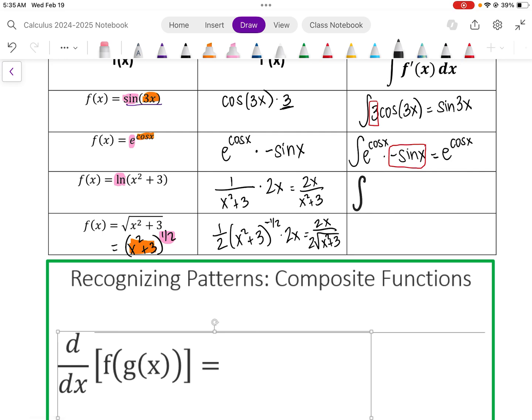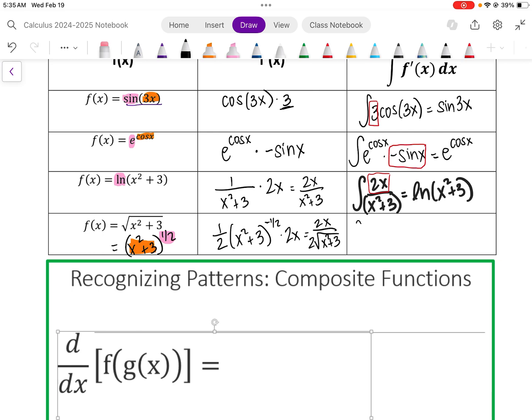If you were to integrate 2x over x squared plus 3, you're really just treating the denominator here, so that would give us the original function, the natural log of x squared plus 3. So again, you're probably thinking, what happened to the 2x? Why is it not a part of our answer?